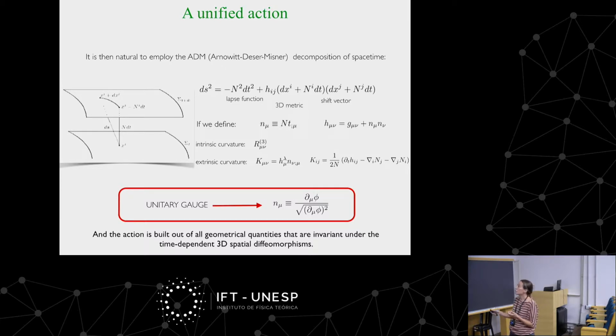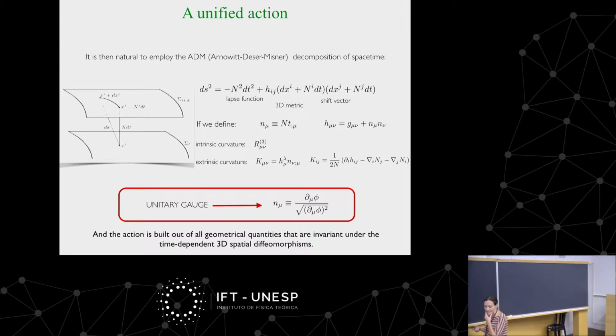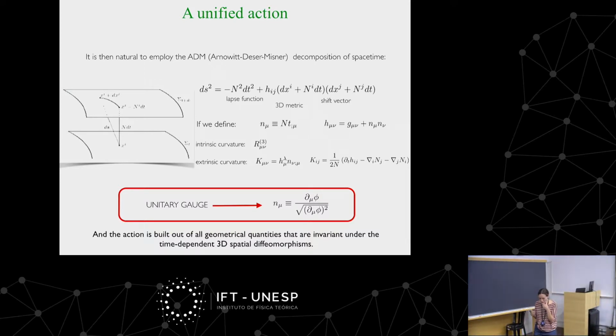So you can combine all these objects, the intrinsic curvature, the extrinsic curvature, and so on, to build all possible combinations, up to quadratic order, of geometric objects that are invariant under three-dimensional spatial diffeomorphisms.